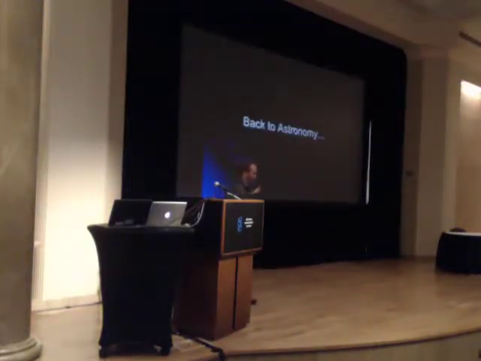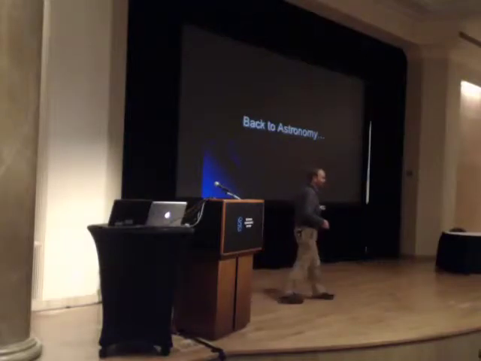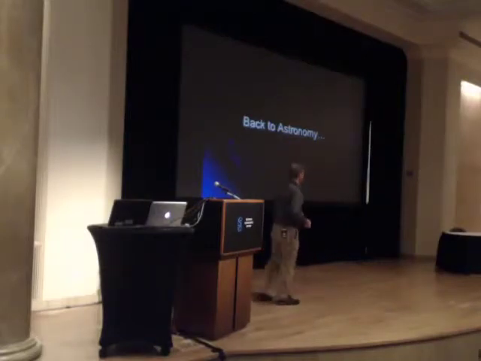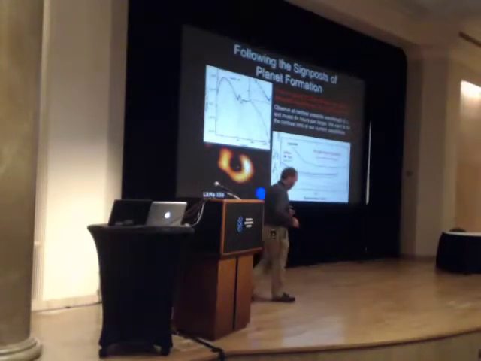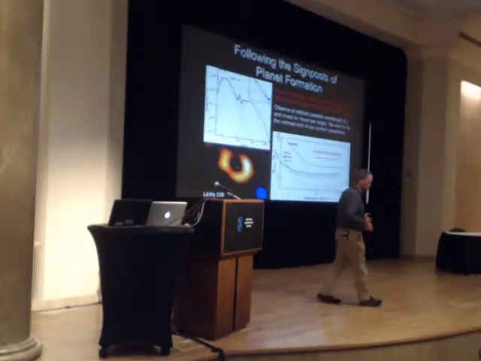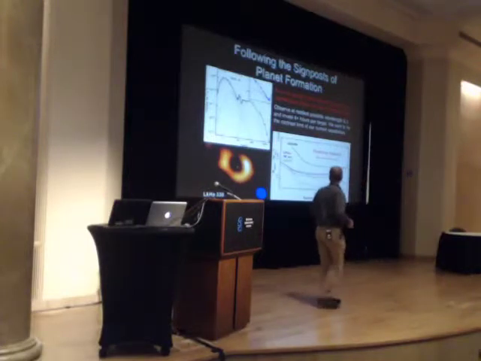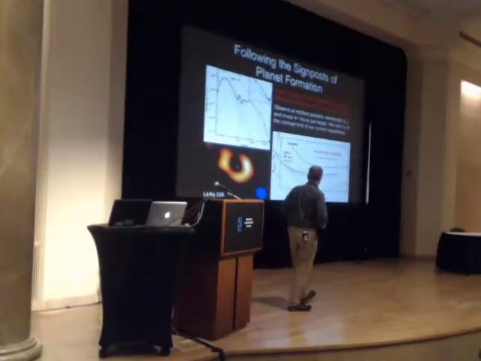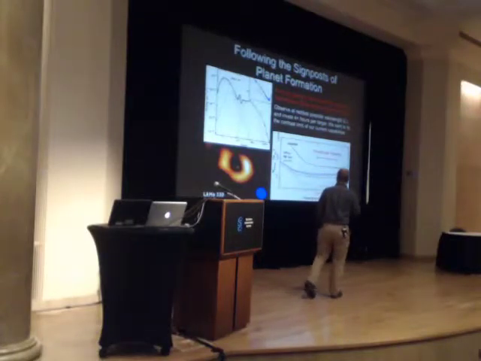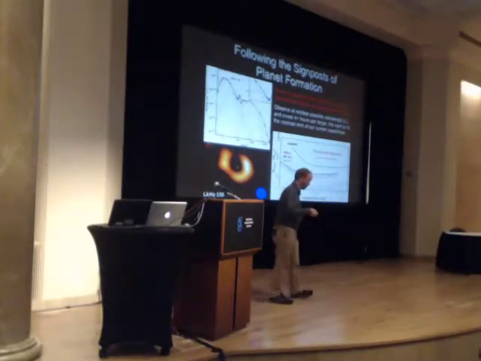That's a technical detail that explains very quickly where some of these images are about to come from. So using mostly aperture masking and this kernel phase or closure phase techniques, we spent a lot of time looking around these transition disk objects. Here's the Taurus region on the sky.